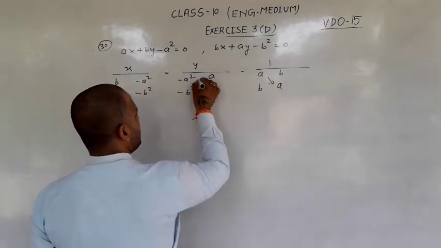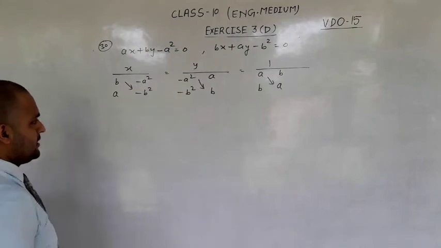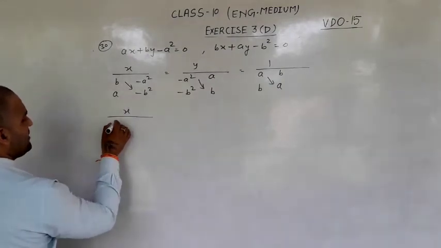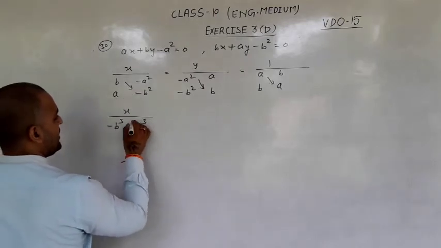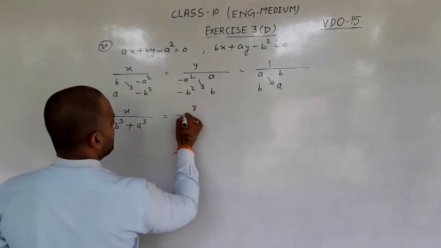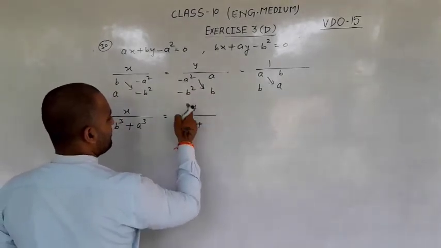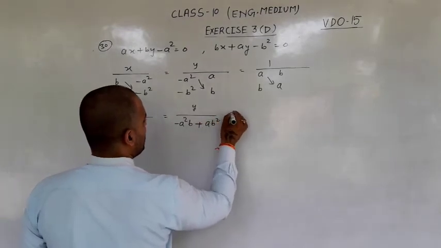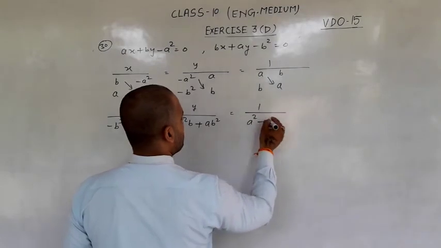Multiply by that side, multiply by that side, multiply by that side. So that will be x upon, multiply by minus b cube, that will be minus minus plus a cube. Here y upon minus a square b, minus minus, that will be plus ab square. Here 1 upon a square minus b square.